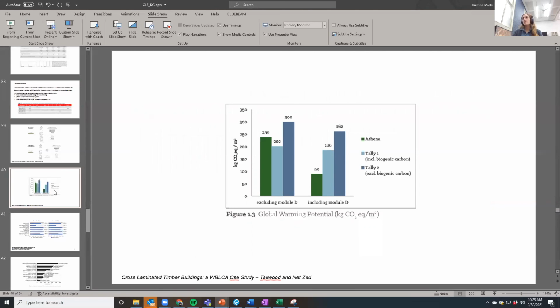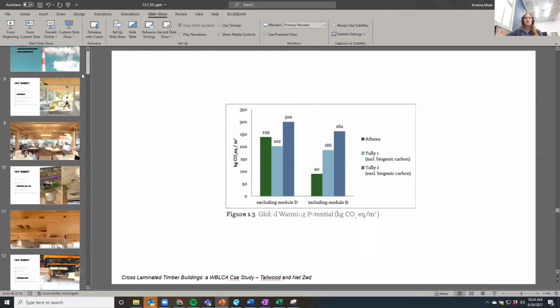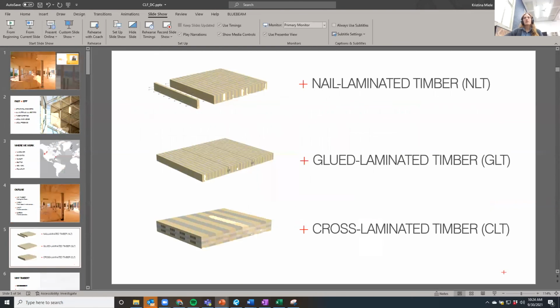And then someone was asking about the distinction between CLT, DLT, GLT, et cetera. The G, the N, the C basically have to do with how the members are attached, whether they're nailed or glued. But the big distinction between cross-laminated timber versus the others is that these are one-way spanning systems. They utilize the strong axis of the member to span in one direction.